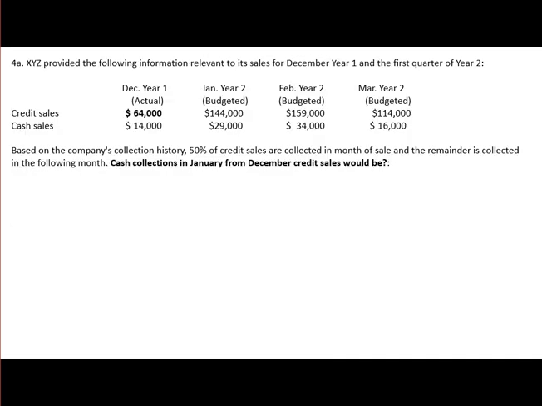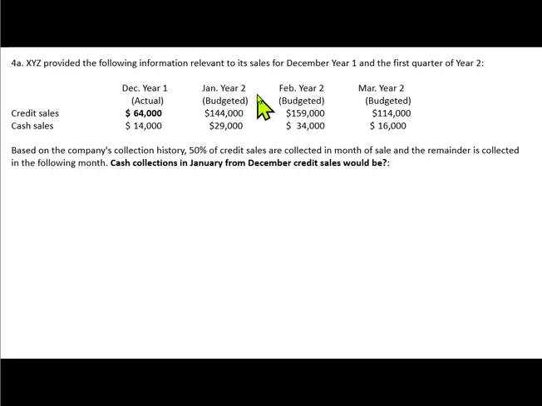Next, we've got the following information here. XYZ provided the following information relevant to its sales for December year 1 and the first quarter of year 2. So for December year 1, we have actual credit sales of 64,000, cash sales of 14,000.